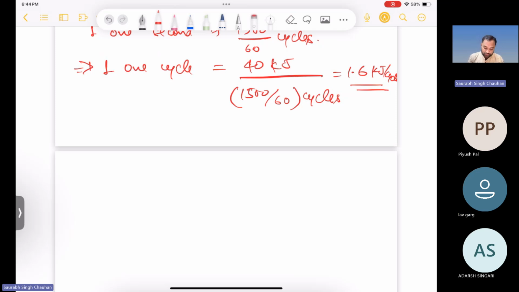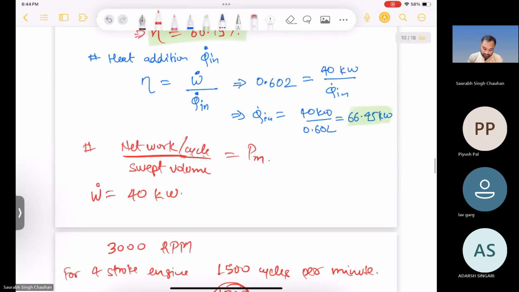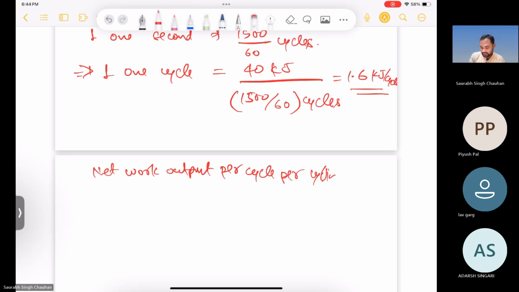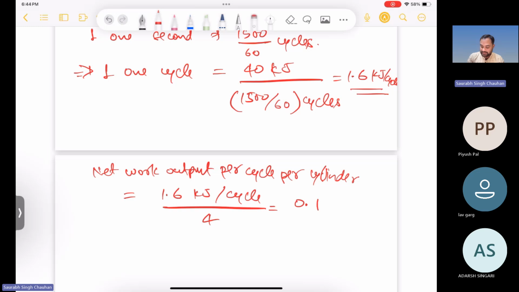So we have to tell net work output per cycle per cylinder, right? So we divide this quantity by 4 because it is a 4-cylinder engine. So we get 0.4 kilojoule per cycle per cylinder, right?